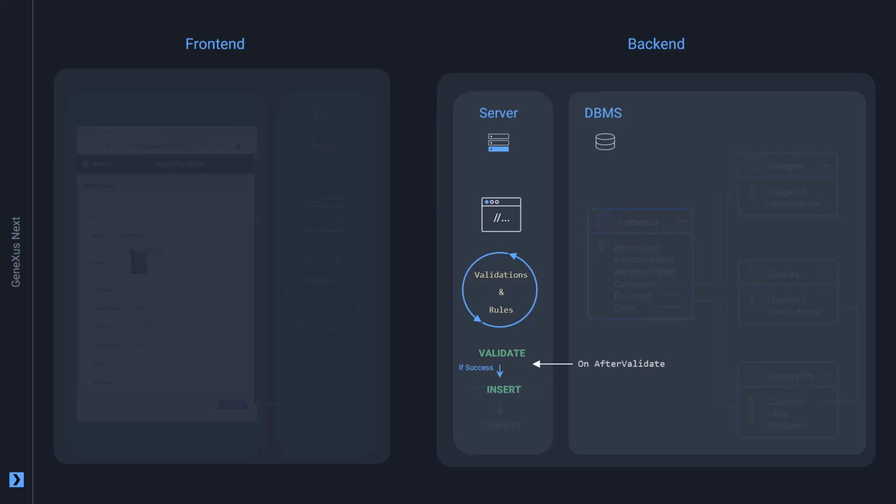So, if the mode is insert, then the operation on the table will be insert. Immediately after AfterValidate, and without any action being executed in between, we have BeforeInsert, which occurs immediately before asking the DBMS to insert the record into the table. Then it inserts it.